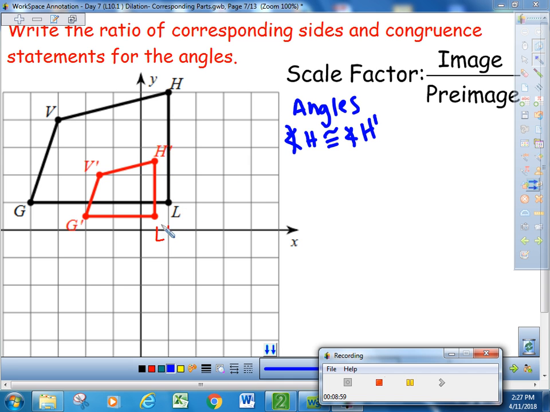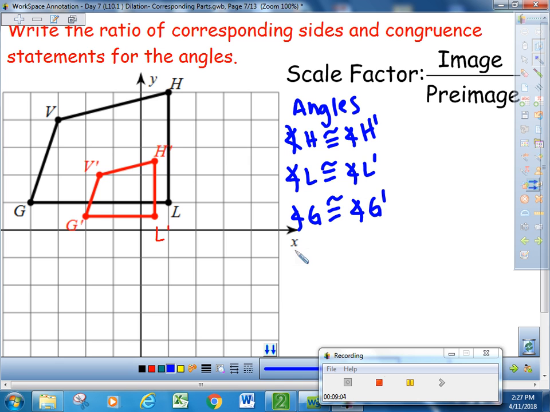Angle L is congruent to angle L prime. And then to the next one, angle G is congruent to angle G prime. And the last one, angle V is congruent to angle V prime.